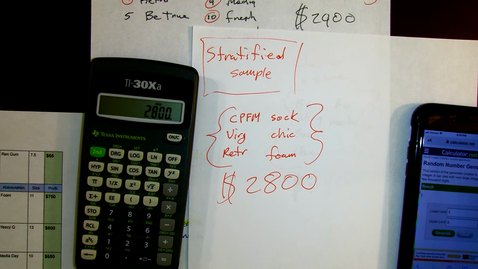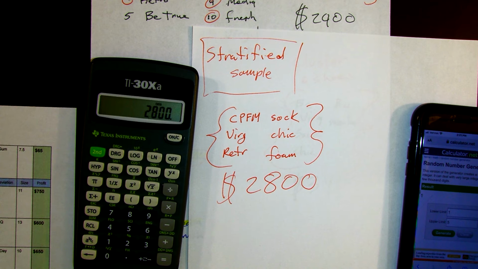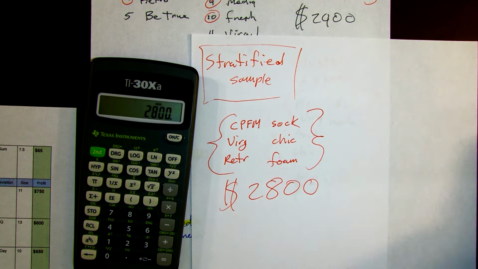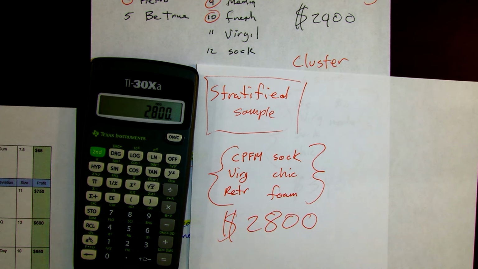So I'd say if you're doing, let's fold it. We're doing our systematic option here. So I would write systematic sample. All right, we got our systematic sample. So first we got to find our increment.